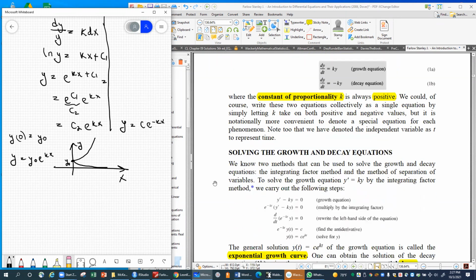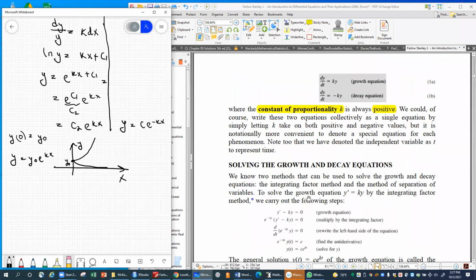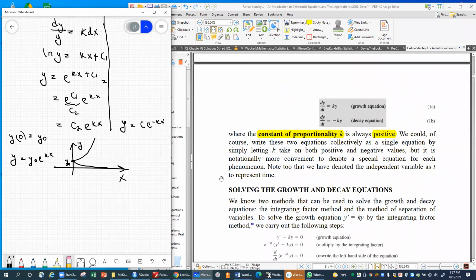So solving, as I said, I did it with separation of variables, equally easy. You can do the linear approach. In any case, you get this. The only thing is, I did it with x, but it's probably more appropriate to do it with t, because usually it's a time equation.